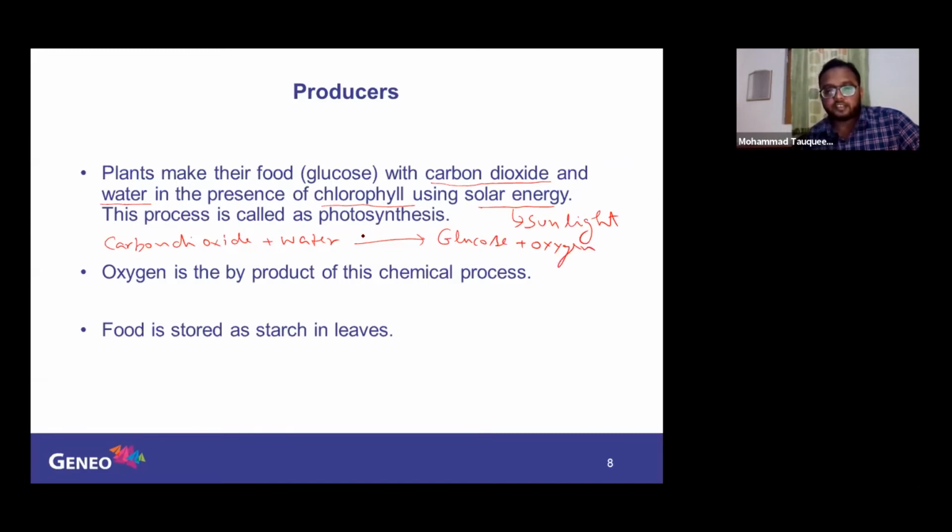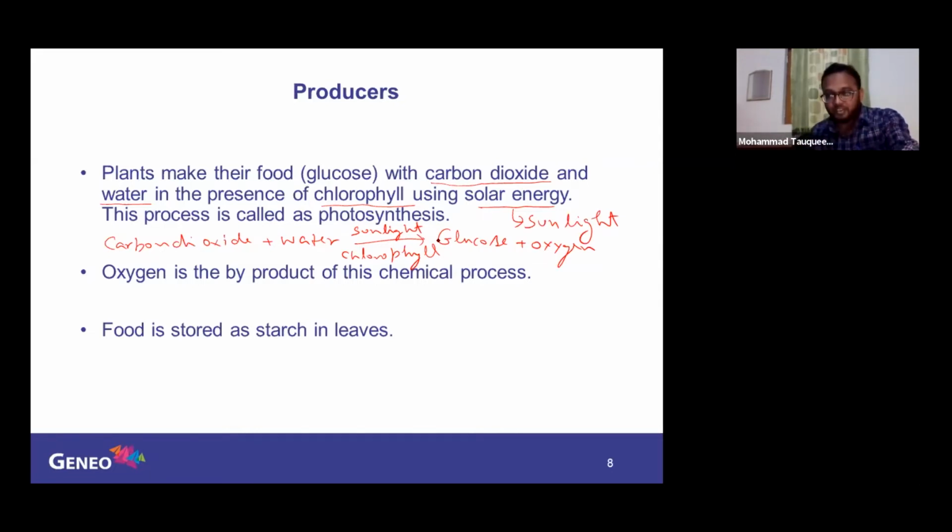And this process is done in the presence of sunlight and chlorophyll. So this equation you must remember, that carbon dioxide and water react inside the plant in the presence of chlorophyll and sunlight to form glucose and oxygen.